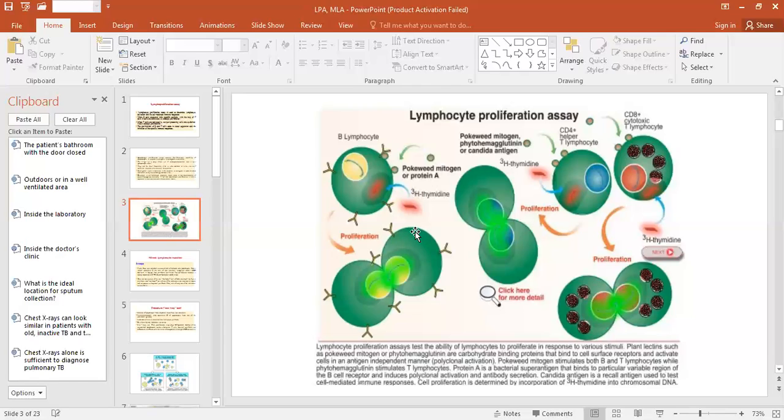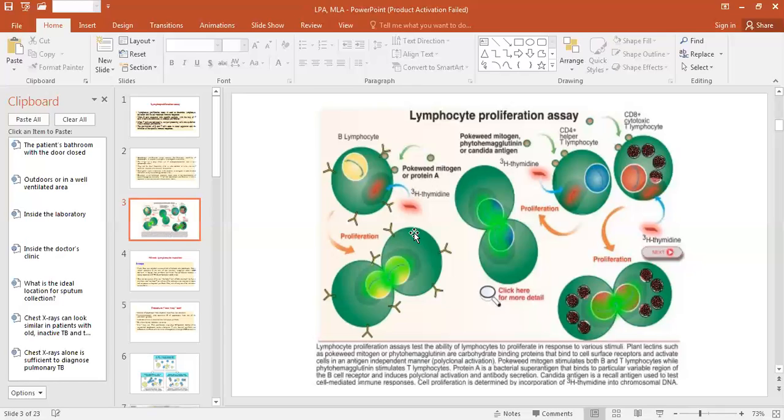We can measure the level of dehydrogenase present at the cellular level in the culture by using the test which is known as MTT assay that we have already discussed.